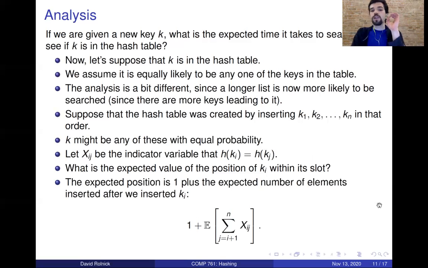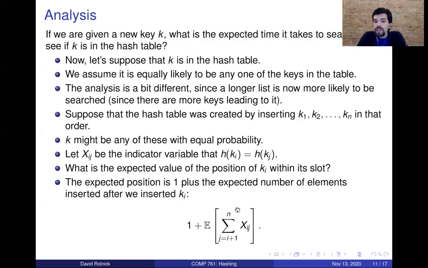So the expected position is 1 plus the expected number of elements inserted after we inserted k_i. If we inserted anything after k_i in the same slot, then it will collide in the same slot, and we will have pushed k_i one position further in the list.